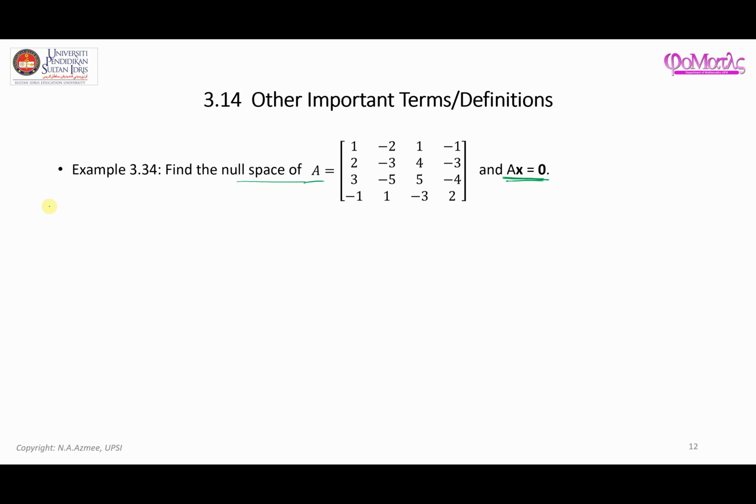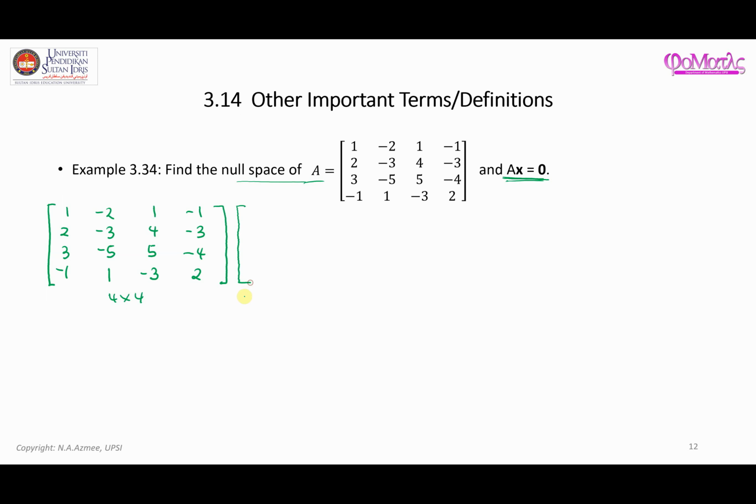So here our matrix A is, well, this is such a big matrix, so just be patient with it. Negative 2, negative 3, negative 5, 1, 1, 4, 5, negative 3, negative 1, negative 3, negative 4, 2. So here is a 4 by 4 matrix.